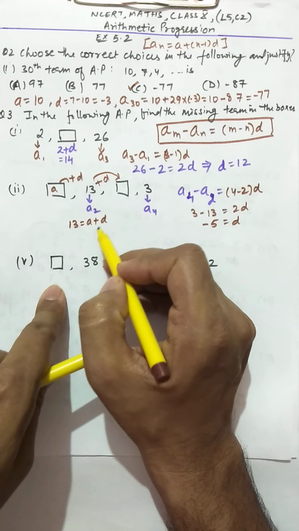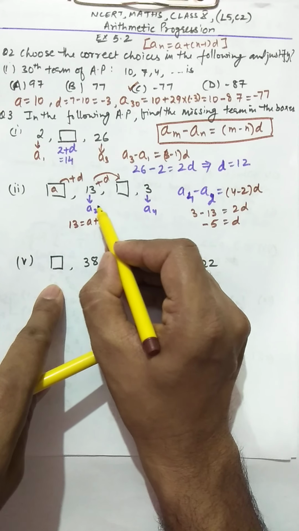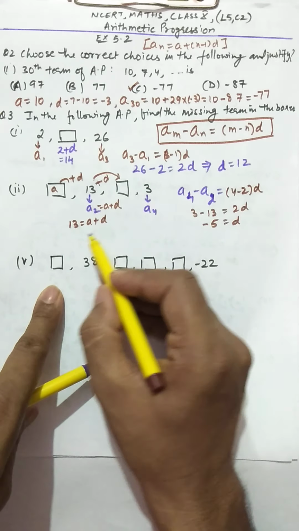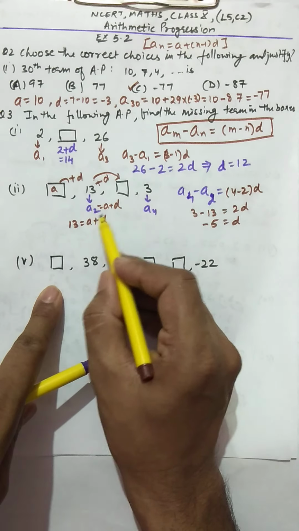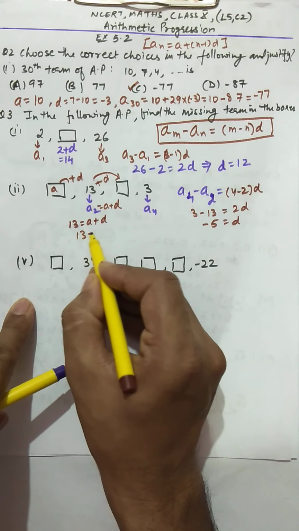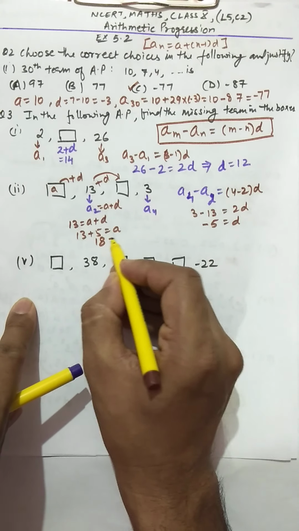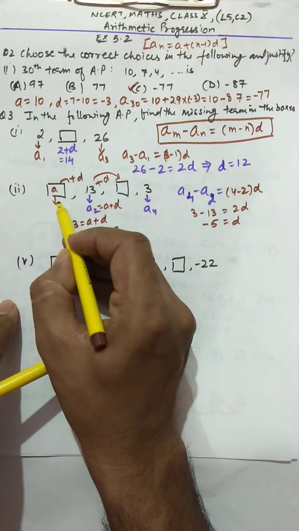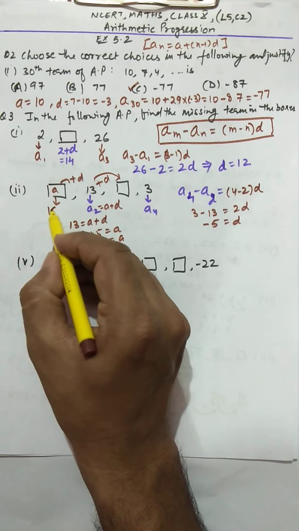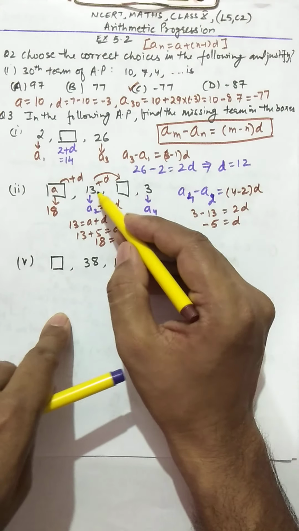So I can write here a2 as a plus d. You have the value of a2 as 13, a you don't know, d you have got as minus 5. So 13 plus 5, this is going to be your a. So this is going to be 18, and you can see 13 plus d.